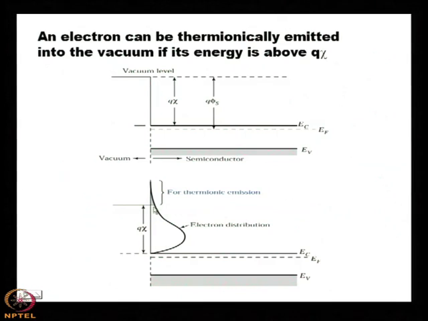This blue color region means it is the thermionically emitted electrons. So, when we talk about thermionic emission, it means that some of the electrons are detached from the semiconductor surface to the vacuum. That means chi energy is required, that is the electron affinity. If you put chi energy, then it is possible.